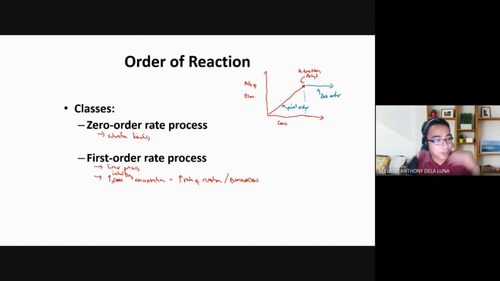Now, sir, what about drugs like alcohol, phenytoin, warfarin, aspirin, theophylline? Those are drugs that are classified as drugs following zero-order process. Technically, class, at low doses, they follow first-order process pa rin. Yun nga lang, ang therapeutic concentration nila is very close to their saturation point. Are we clear?